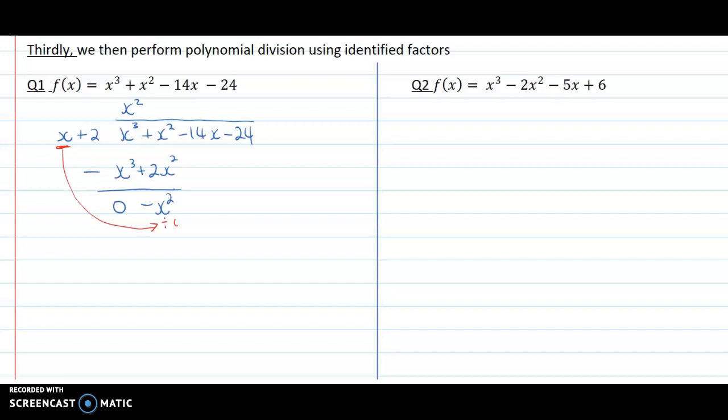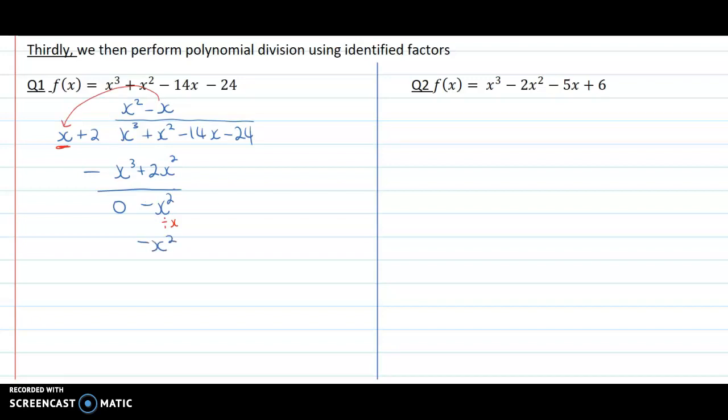So now I grab this x again, and I go, okay, x into negative x squared will give me negative x. Then I cycle back again. I go, this negative x times x will give me negative x squared.